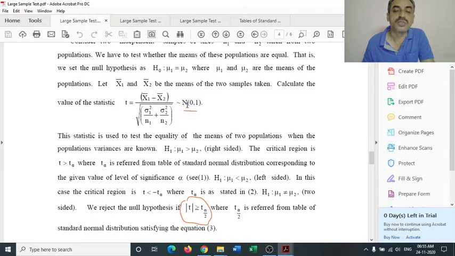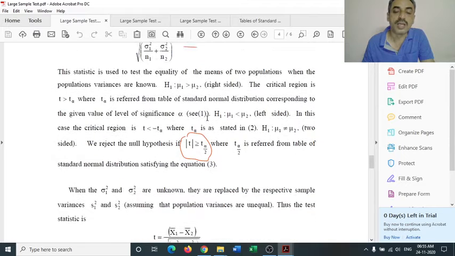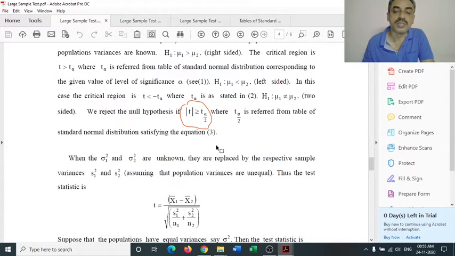Here in this case also, the distribution of the statistic is N(0,1). Therefore, in all the cases of large sample test, the test statistic will be normally distributed, and therefore we have the same critical regions for various alternative hypotheses.